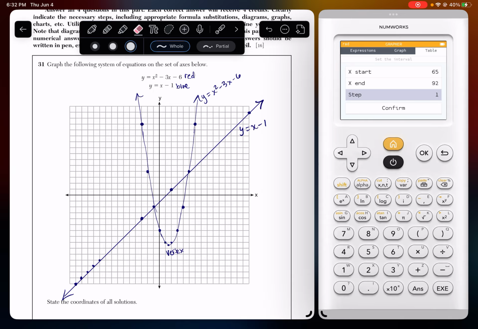Maybe this was a word problem and it was temperature, and so you're going from 65 to 92 on the x values. You could hit confirm and it'll show you that in your table. So your table can be whatever interval you want. You just need to choose it and go from there. I'm going to reset to 0 to 10 or maybe -10 to 10 so that when I come back in the future, I don't have something crazy.